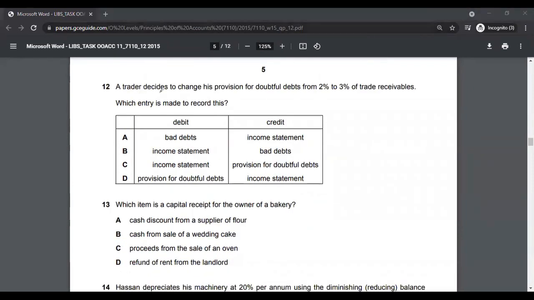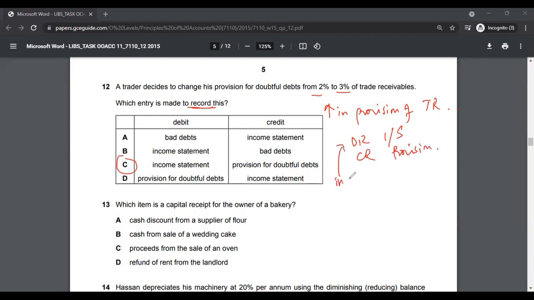Multiple choice 12. A trader decides to change his provision for doubtful debts from 2% to 3%. So there is an increase in provision of trade receivables. Which entry is made to record this? Of course, you will debit income statement and credit the provision or the allowance, because this will increase the expense.